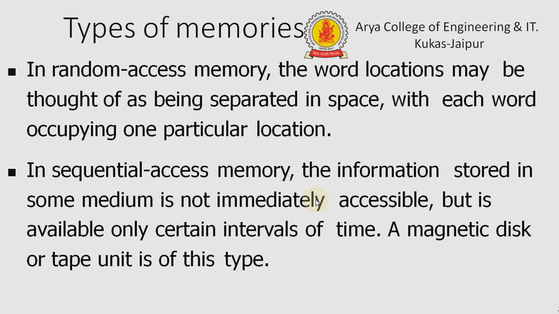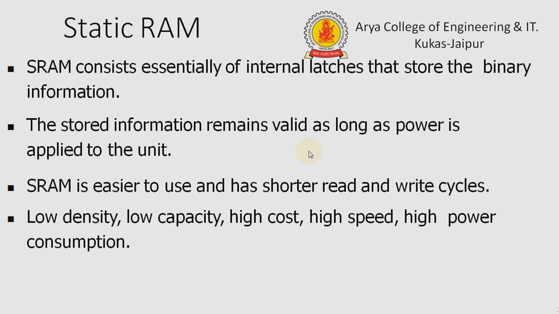There are two types of RAM: static RAM and dynamic RAM. Static RAM retains the stored information as long as the power supply is on, but a DRAM loses its stored information in a few milliseconds even though its power supply is on.